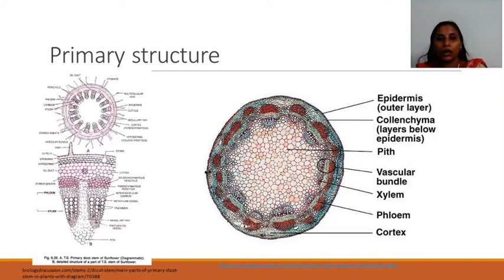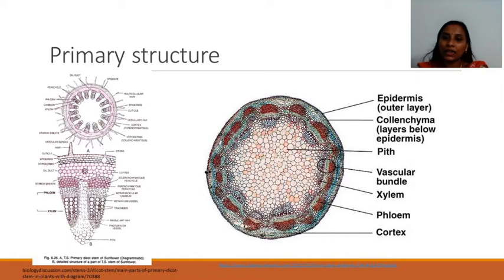In certain cases, epidermis has multicellular epidermal hair. It may or may not be present. In the case of glossy plants, we won't be able to see any hairs, but in hairy plants, we can see hair-like, multicellular structures on the stem. When we take a section of that, we can see the multicellular structures arising from the epidermis.